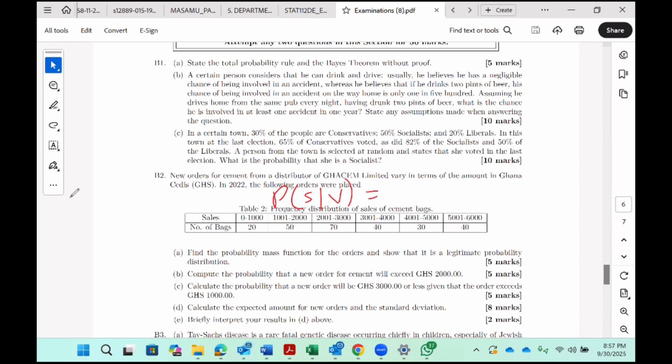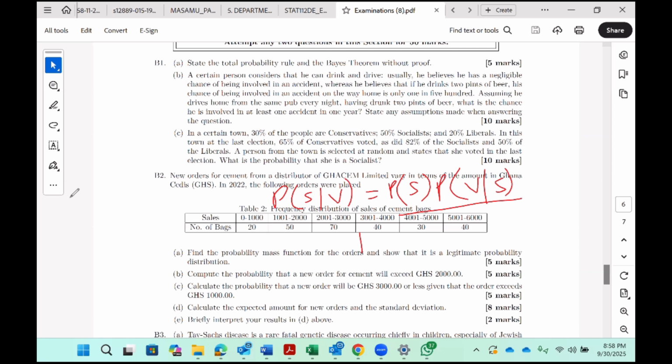That will be equal to the probability that she is a socialist times the probability that she voted, given that she is a socialist, over the total probability rule that we defined at the top.